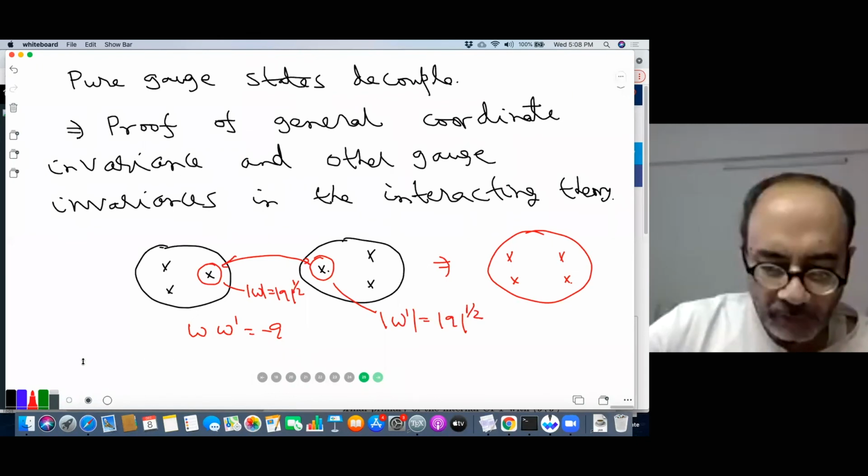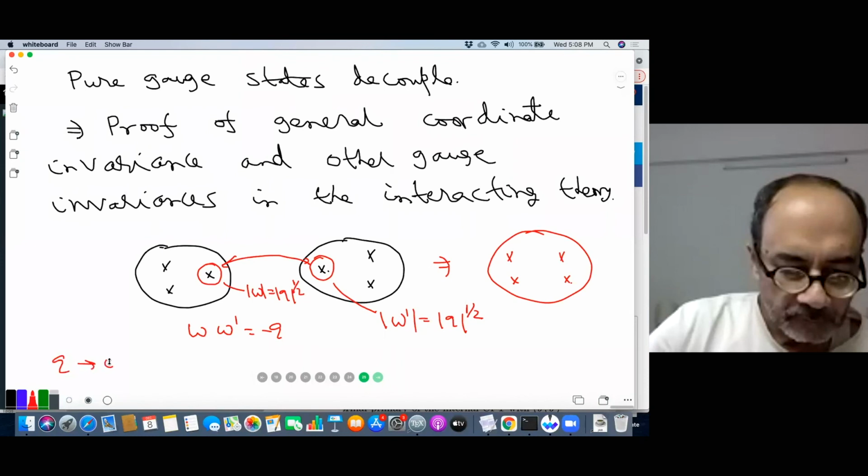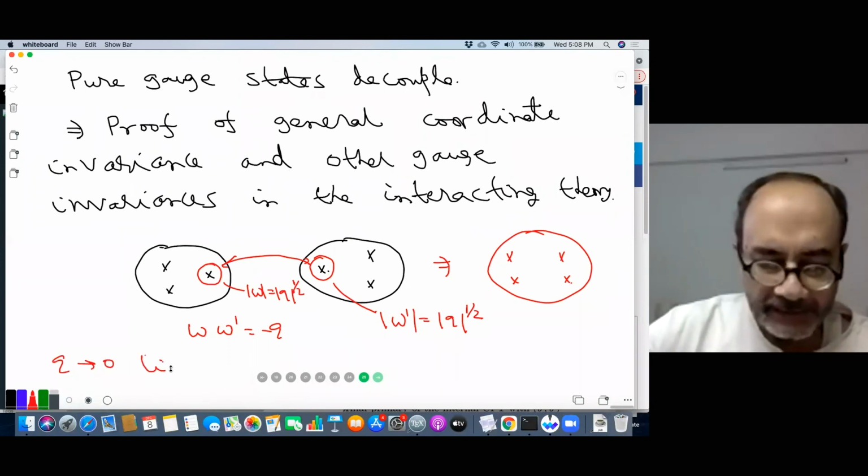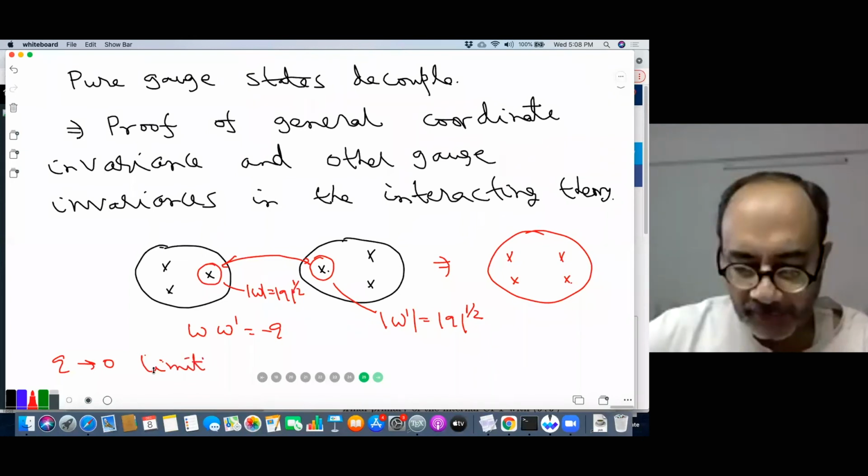So the Q goes to 0 limit is somewhat singular because this is basically saying that the two spheres are joining, but they're joining by a very, very narrow neck.